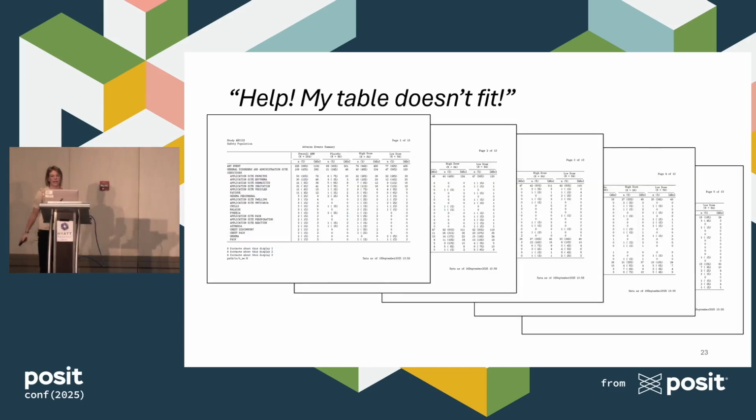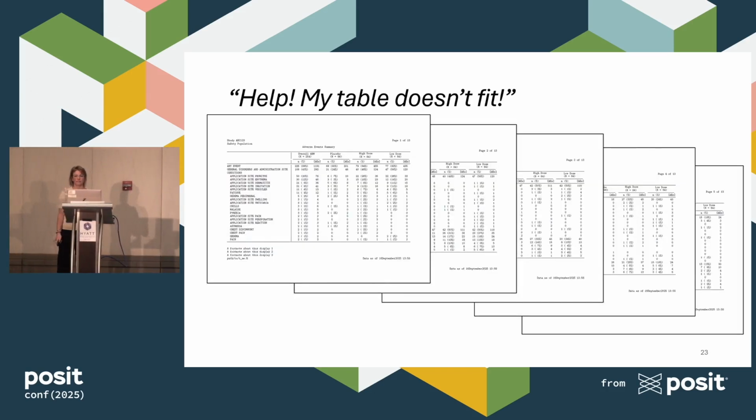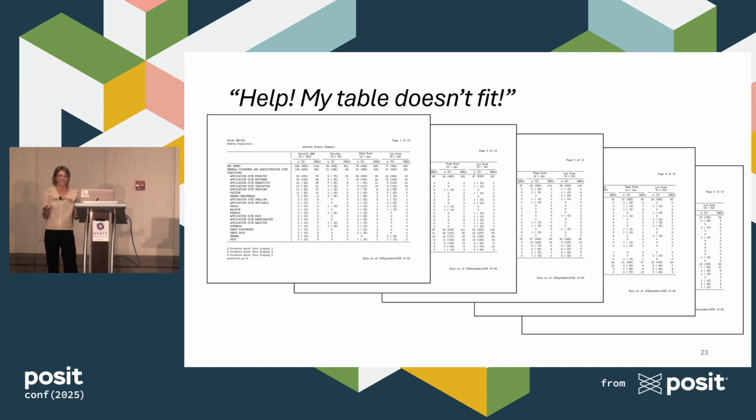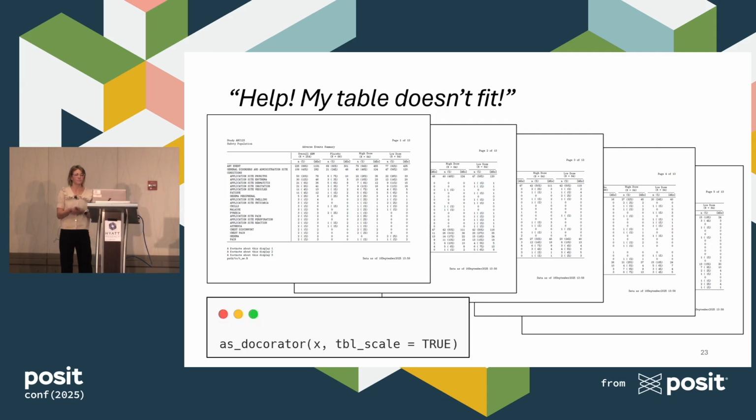And something that has come up, and we tried to get ahead of it quickly, is accommodating lots and lots of data, lots of columns, many pages. There's a lot of data to display. And so we added some automated scaling for GT tables in particular.